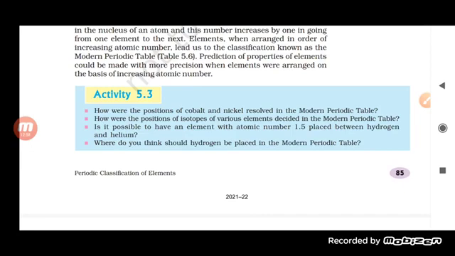Where do you think hydrogen should be placed in the modern periodic table? Actually, in the modern periodic table, hydrogen has been kept on the top of the table. No specific position has been given to it even in the modern periodic table. Although it is kept on top of the alkali metals, it does not belong particularly to the alkali metals only.